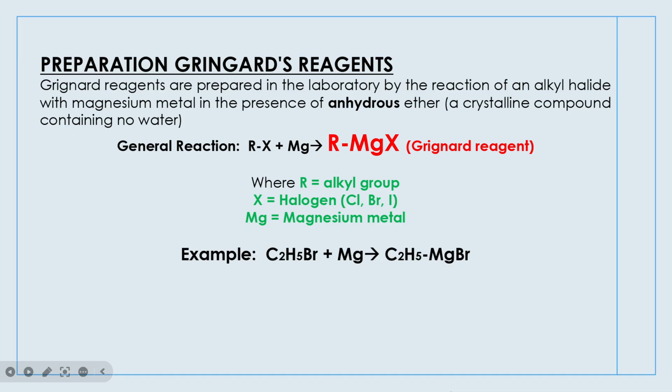This is the example equation that I have also added here: ethyl bromide is reacting with the magnesium metal to form ethyl magnesium bromide, that is the Grignard reagent. Here you can see that R is ethyl, the metal is magnesium and the halogen is bromine. The alkyl and halogen might vary but the magnesium metal will be constant for the Grignard reagent.